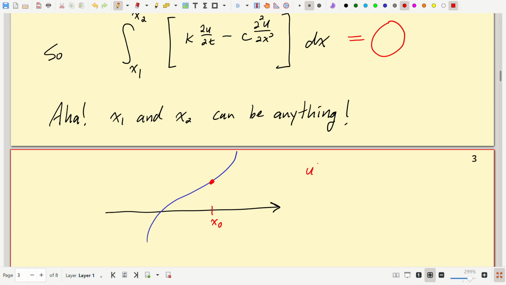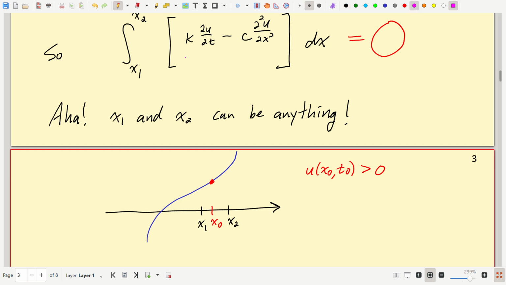So u of x naught, t naught, is a positive thing. If that were to ever happen, well, what would I do? I would pick my x1 and x2 close enough here. Actually, this is what I want to be positive.